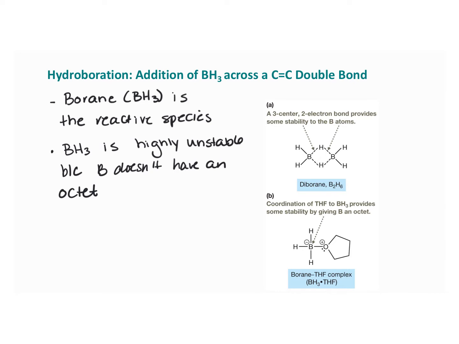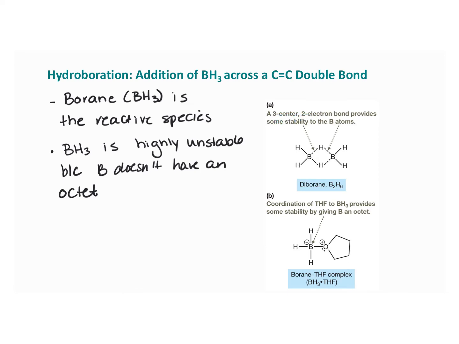Instead, in its pure form, it exists as a gaseous dimer. Dimer, di just means two, so it's two molecules here. This is diborane, which is B2H6, and two of these hydrogen atoms here constitute a bridge between the boron atoms. Now, those hydrogen atoms are involved in what's called a three-center, two-electron bond.